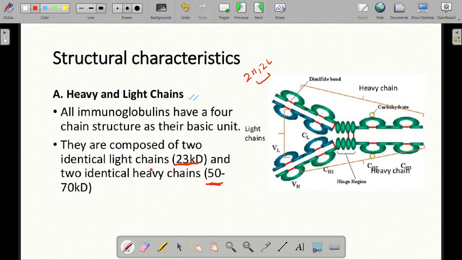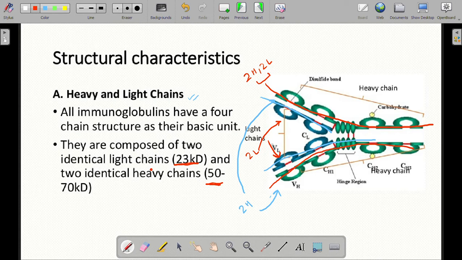This heavy chain contains 3 constant regions, so let me draw an outline. The heavy chain contains 3 constant regions and 1 variable region, and the light chain contains 1 constant region and 1 variable region. So this is the light chain, and it basically contains 2 heavy chains, that is this one and this one, and 2 light chains, that is this one and this one.